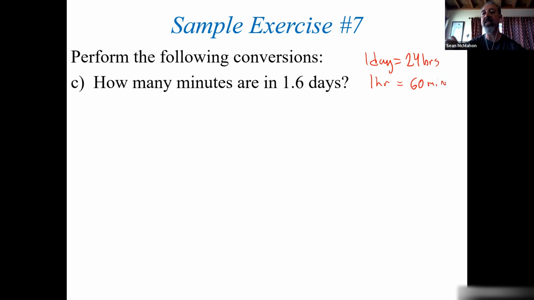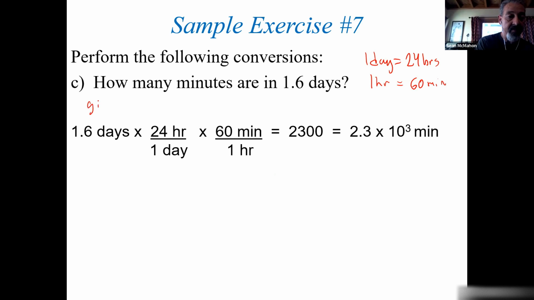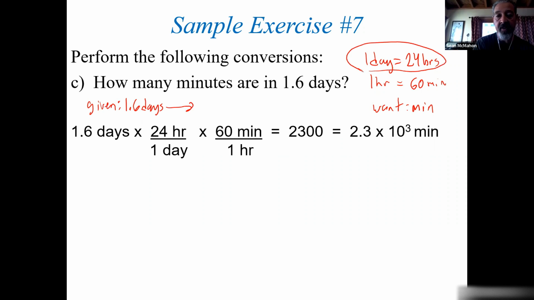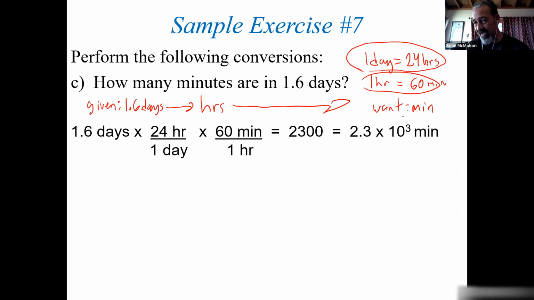So this isn't 1 conversion factor, it's 2, but it's okay, because we're going to start with the given, 1.6 days, and we want minutes. So how do we do that? We can go from days using this conversion to hours, and from hours we can use this conversion and go to minutes. I know I did this real quick because I'm sloppy. I want you to be able to see it, but basically you're going, all right, 1.6 days is what I start with.